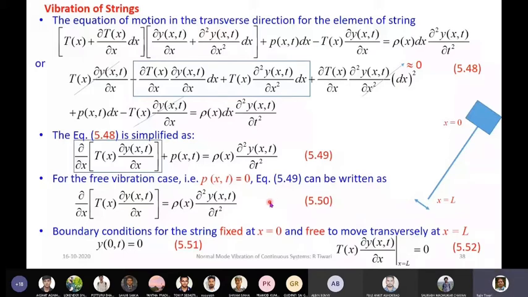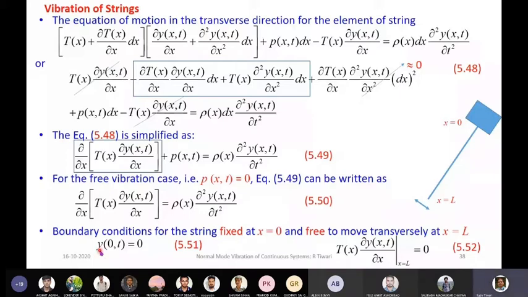Like if this is the cable, let us say it is fixed at this end and free at the other end. What are the boundary conditions for this? Because this is fixed, we are talking about the transverse vibration, that means vibration perpendicular to the cable. So here the vibration will be 0 at x equal to 0.